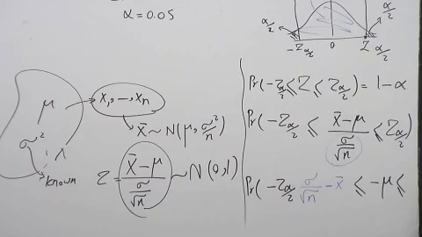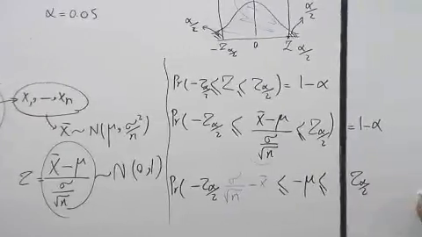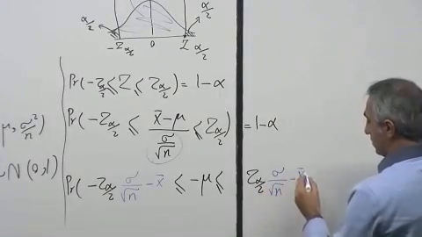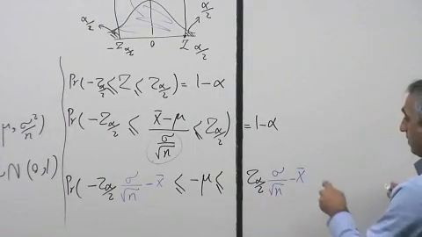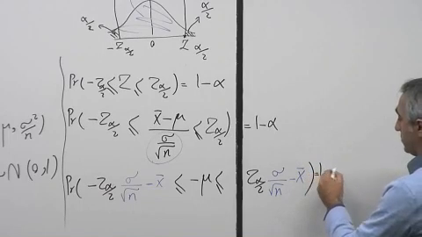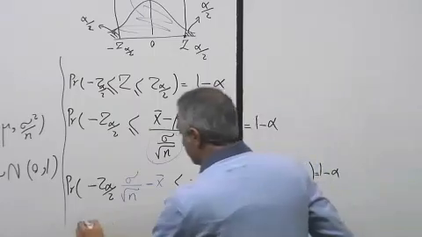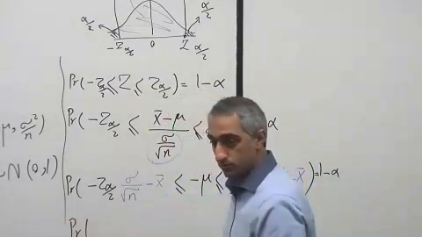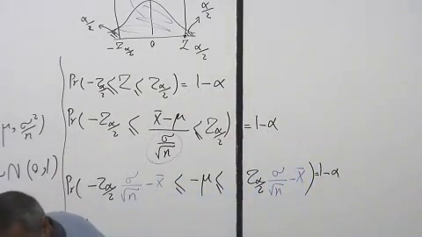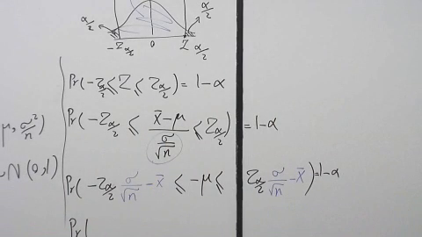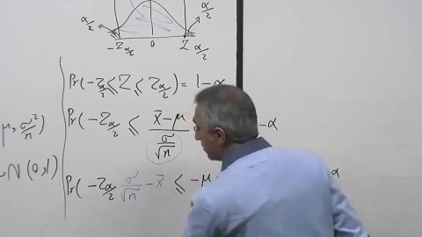Z alpha over 2, which is equal to 1 minus alpha. So what is the next step? Just multiply by a negative. And at the end of the day, if you do that, it's all the way down. Can you see it or not? Maybe I can write it down here.